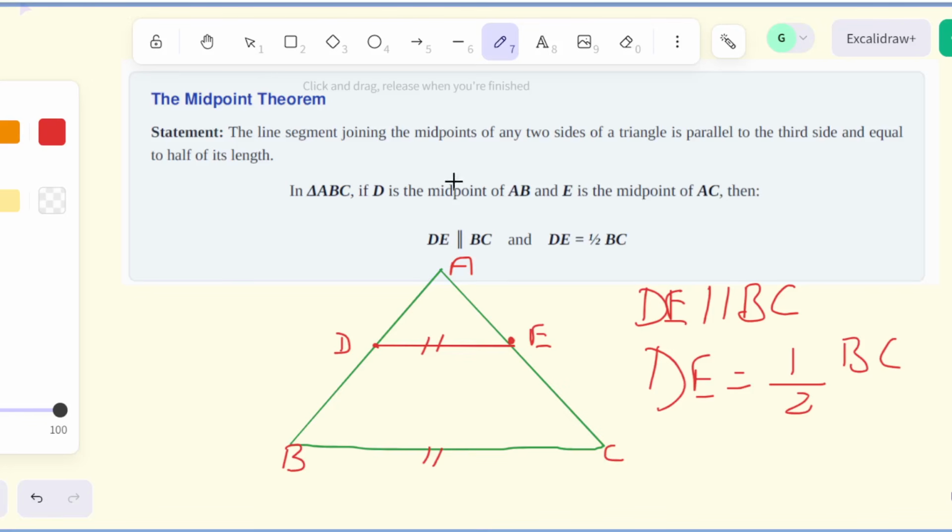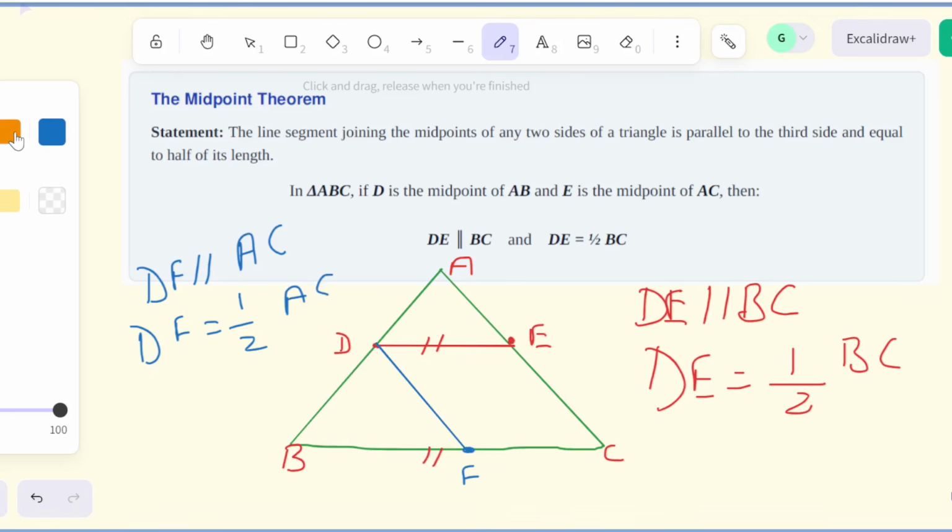If I join any other midpoints, let me take another midpoint F over here, which is the midpoint of BC. Now if I join these two midpoints, then from the midpoint theorem we can conclude that DF will be parallel to AC, and also DF will be half of AC.